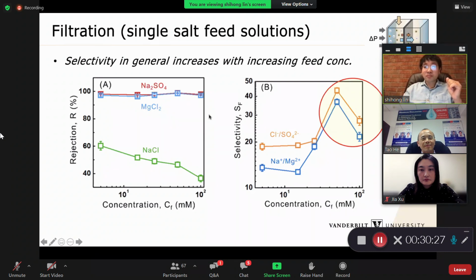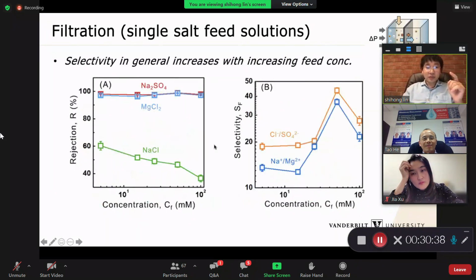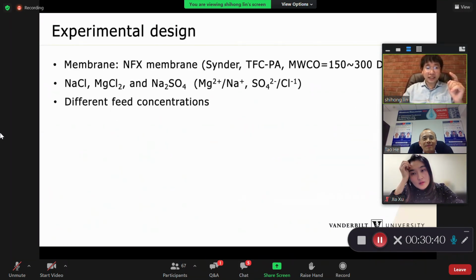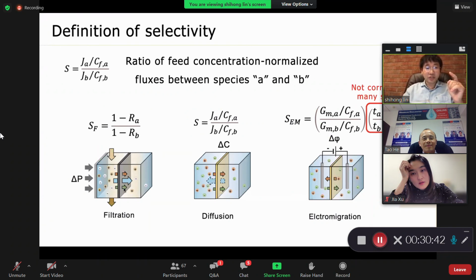But if you just look at selectivity as it's defined now, then this actually gives you a much higher selectivity. That is because the definition of selectivity is based on this equation, which is equivalent to this equation here, which everyone uses.